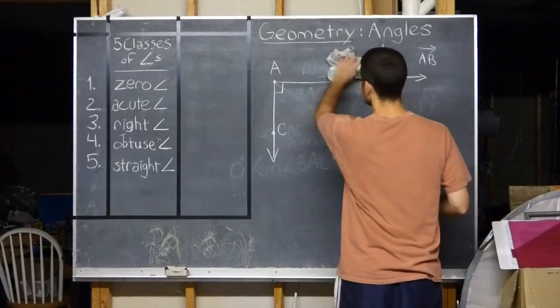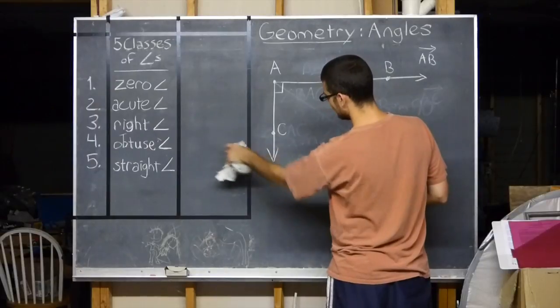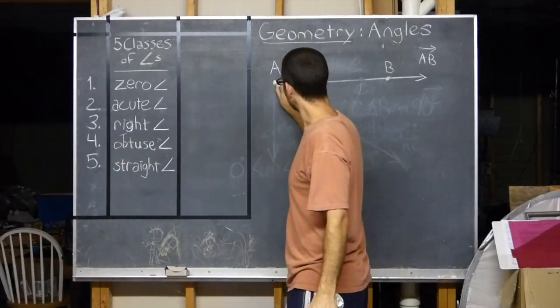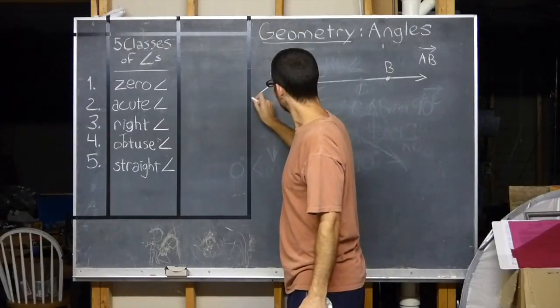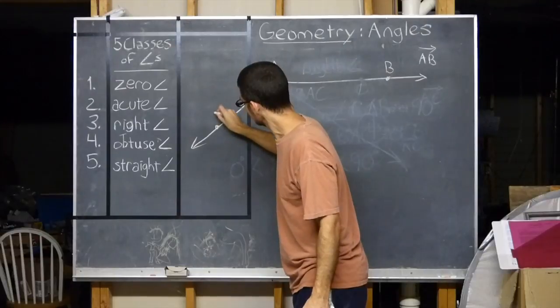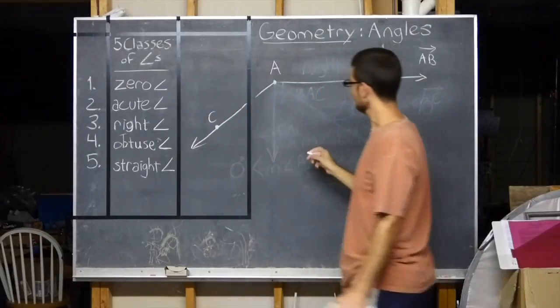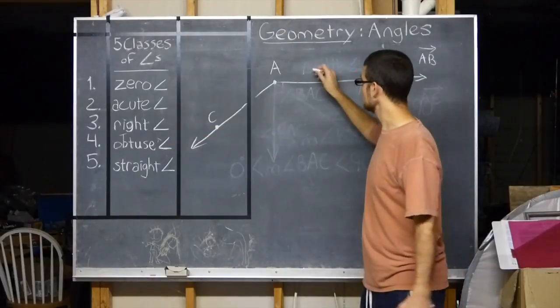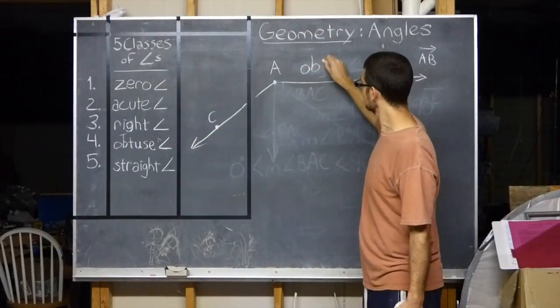Now, when C moves over here, we don't have a right angle anymore. We have an angle that measures more than 90 degrees. And that is called obtuse. It's an obtuse angle.